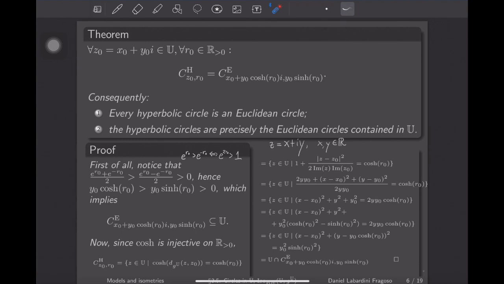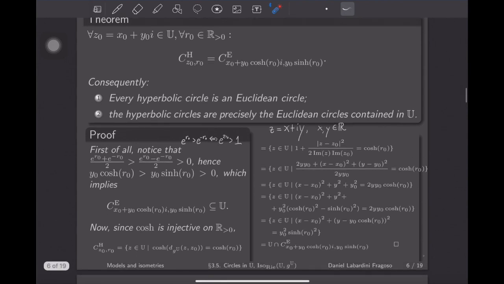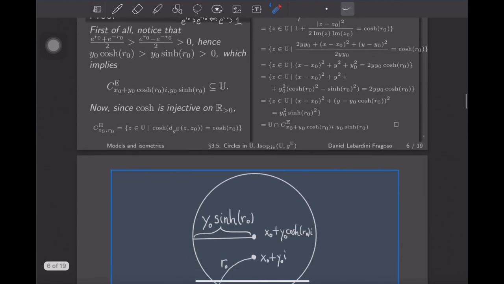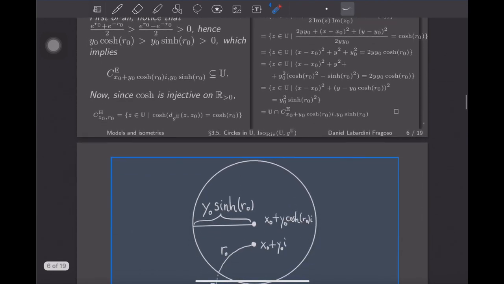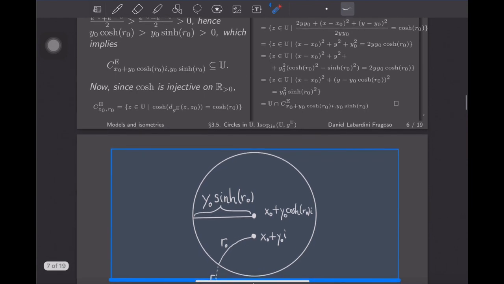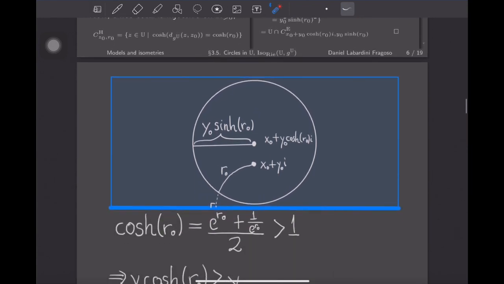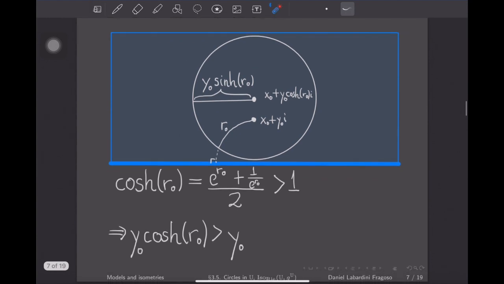What you are given is the Euclidean center and the Euclidean radius, and you are given as hypothesis that the circle is contained in U. Now what I want you to do is find the hyperbolic center and the hyperbolic radius. So it looks like a calculus exercise, right? Okay. Now, how do things actually look?